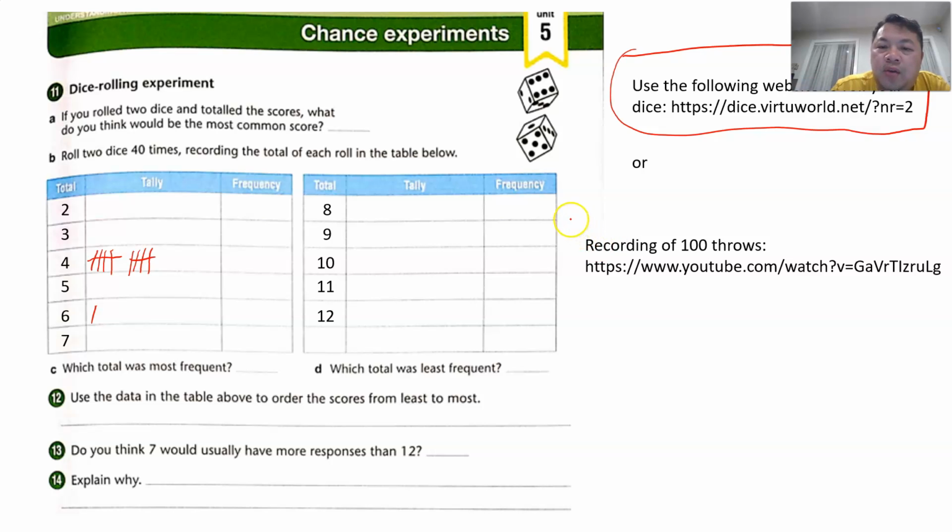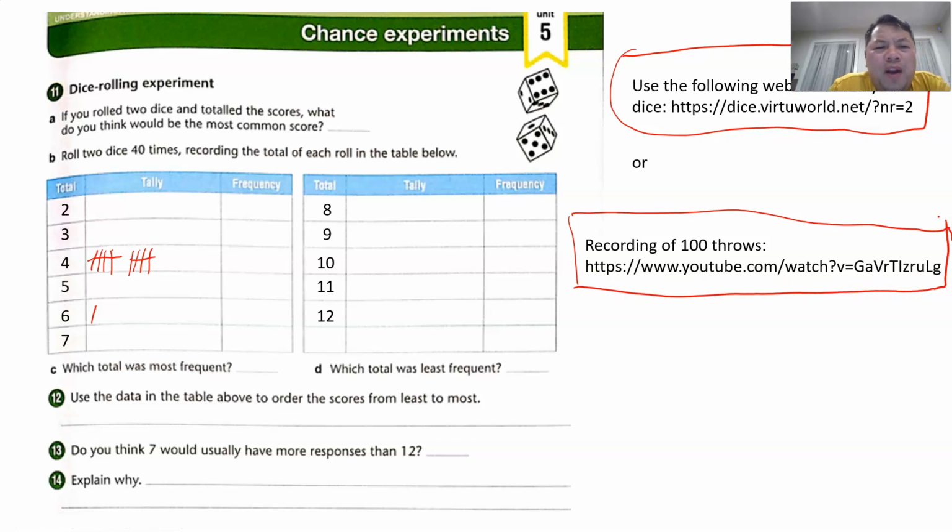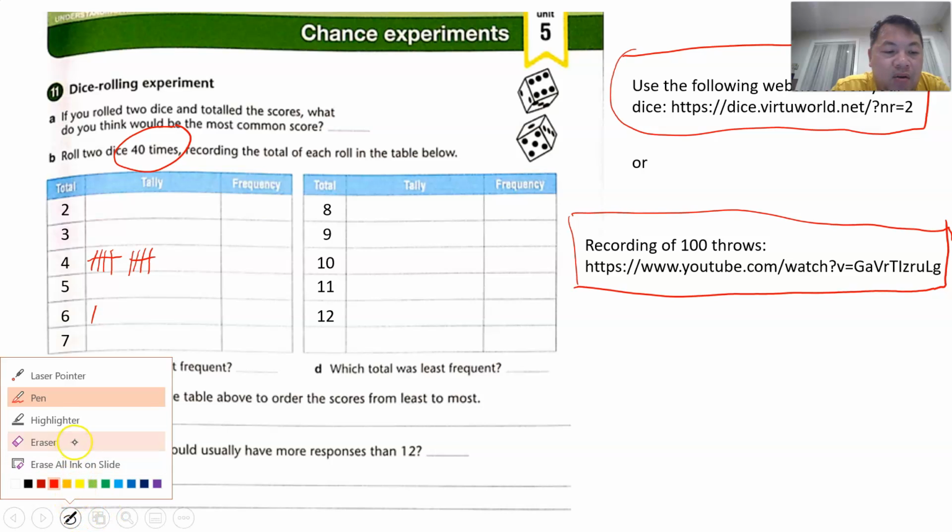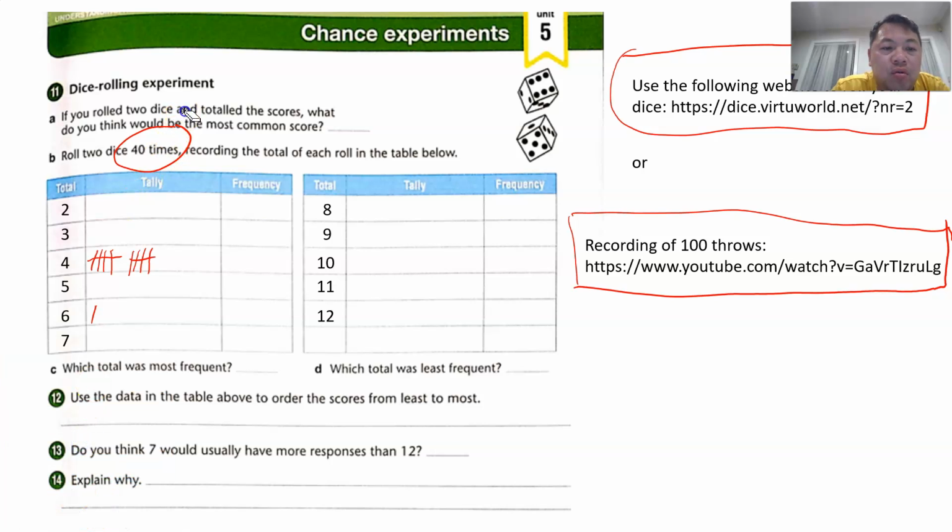Or you can use another way that you could tabulate. I have done this for some other students in the past. It's a recording of 100 throws, but bear in mind you only need to do 40 times. So 40 times only, so just use the first 40. Always remember to pause the video, because it might be too fast for you to record.